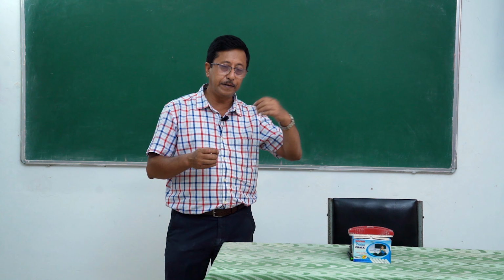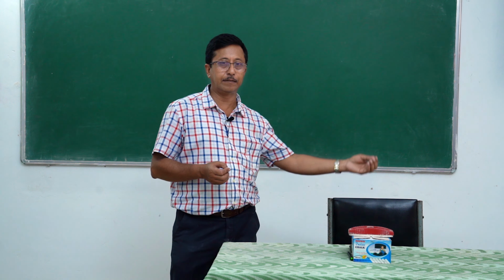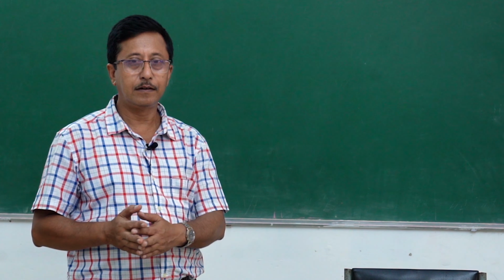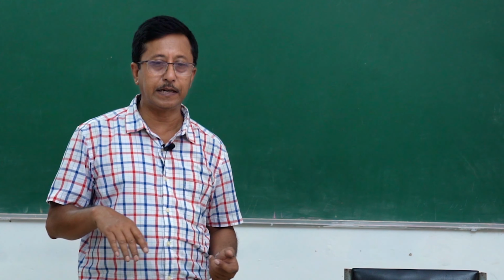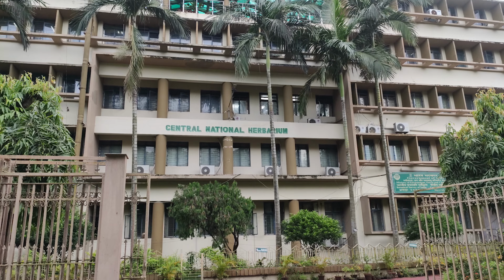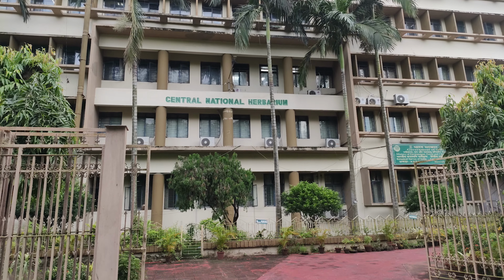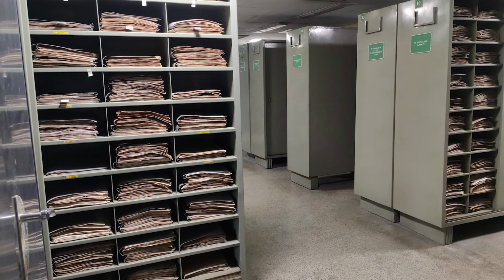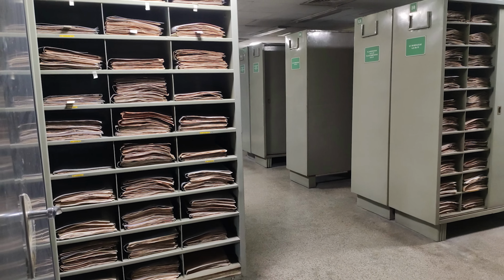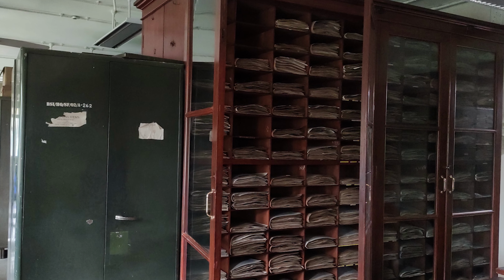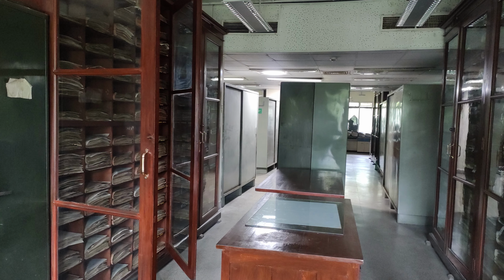Then we have to bring the specimen to a reputed laboratory, known as a herbarium. We have the Central National Herbarium in Howrah. Nearly 2.5 million herbarium samples are deposited there. We can prepare our herbarium specimens by following the protocol and send them to such a reputed herbarium by post also.